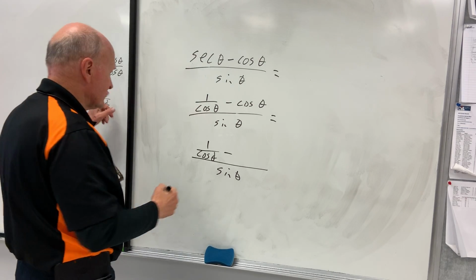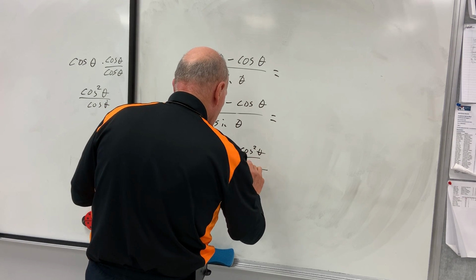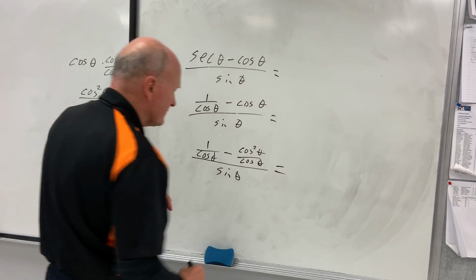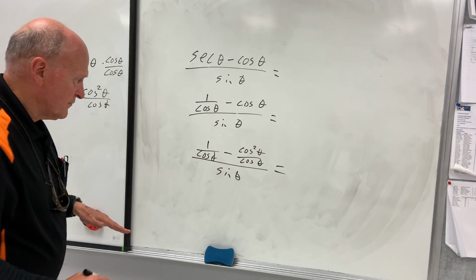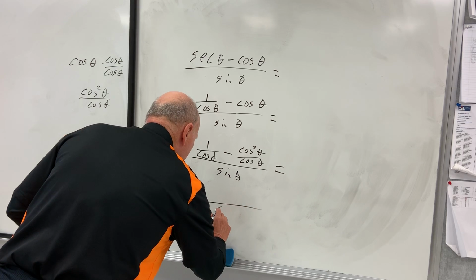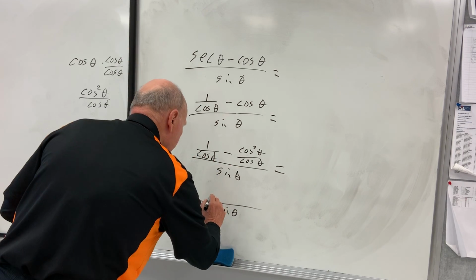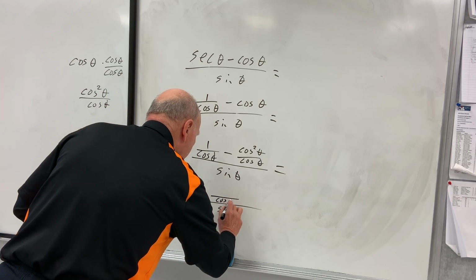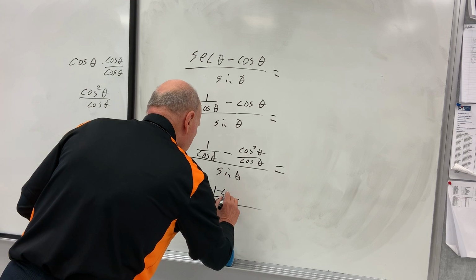So I'm going to write this like this: cosine squared theta over cosine theta. Now then I can add and subtract because I have a common denominator. My common denominator is cosine theta, and I've got 1 minus cosine squared.